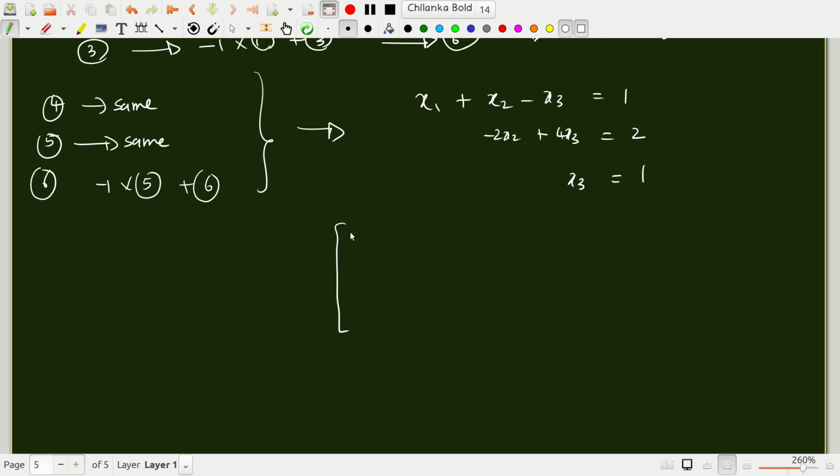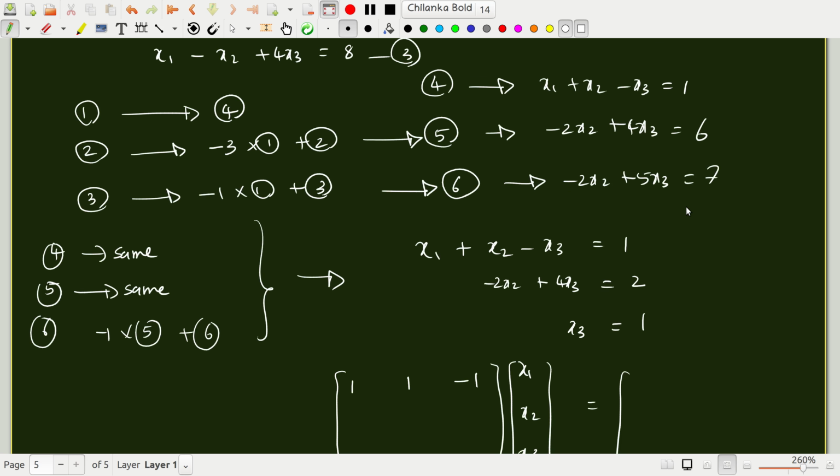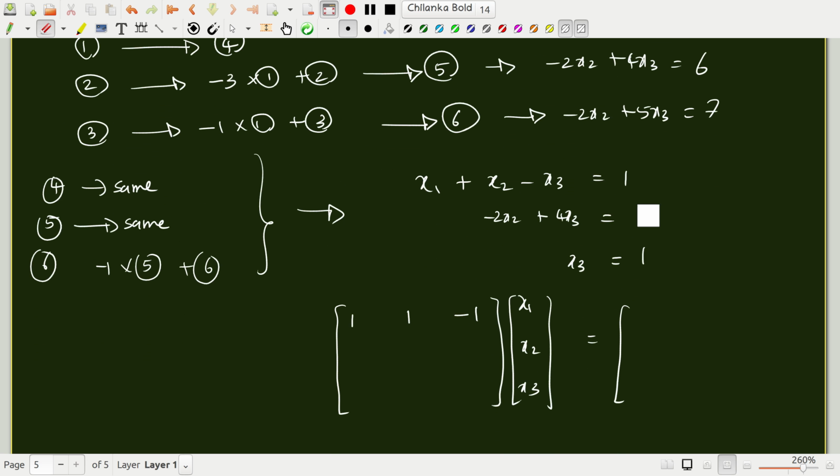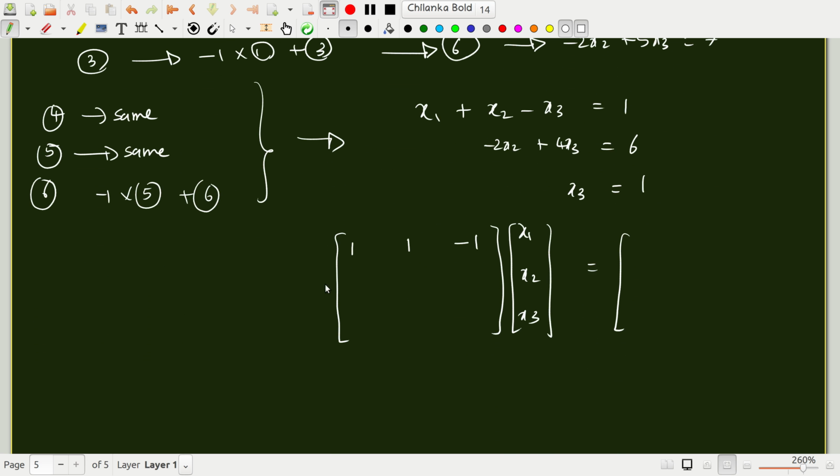So this can be represented in matrix form like this: 1, 1, minus 1, operating on x1, x2, x3. I'm sorry, this should be 6, isn't it? I wrote it wrongly. Then 0, minus 2, 4, 0, 0, 1 giving 1, 6, 1.